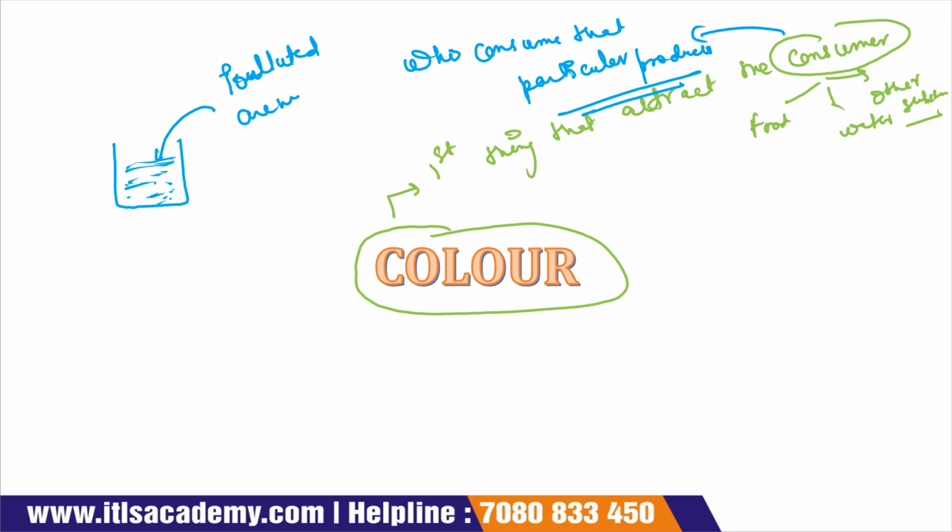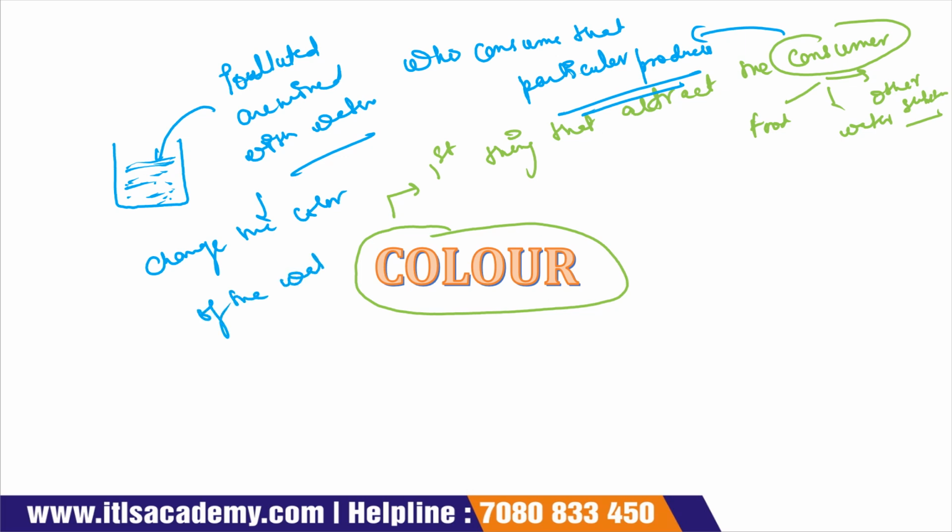When the pollutants are mixed with the water, it will change the color of the water. Now, can you drink that water? Your answer is no, because the color of the water has changed.